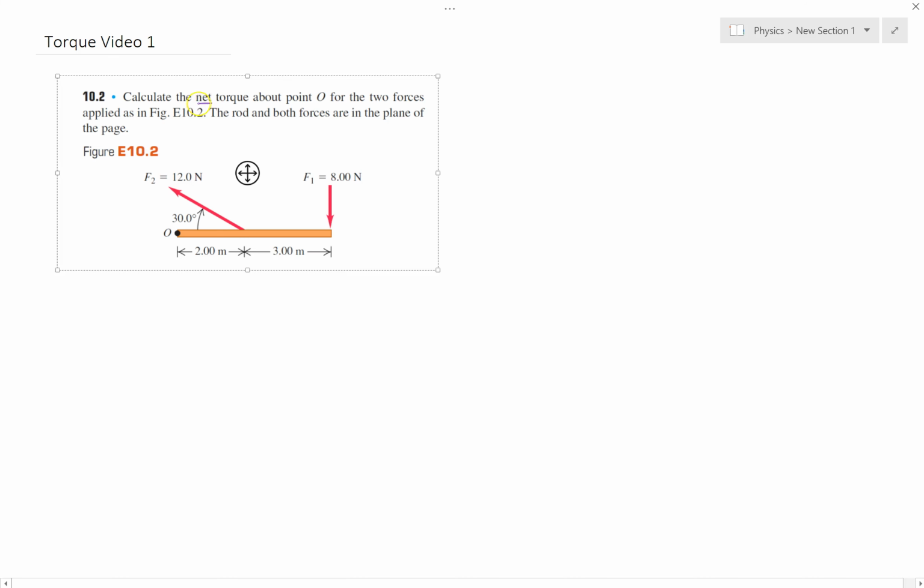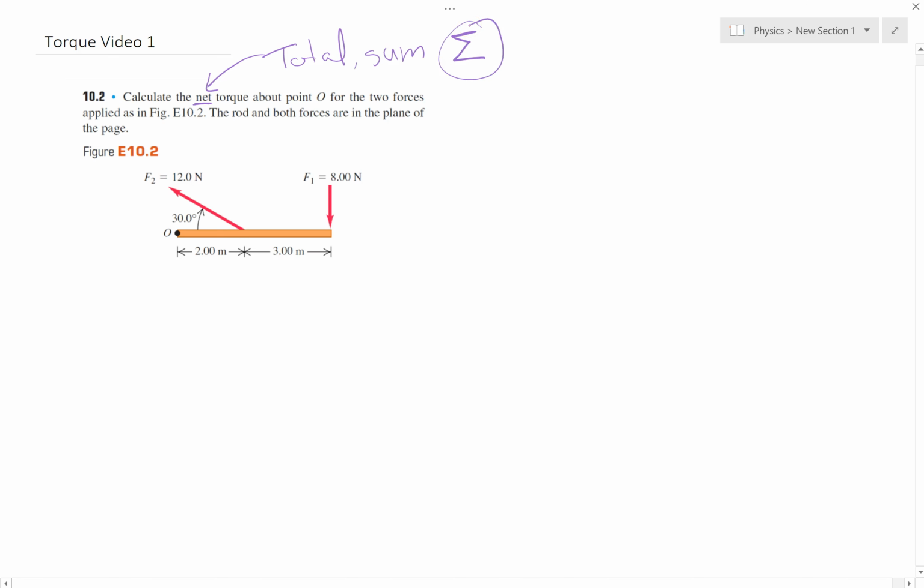Here is that really important word net. Huge word for us. The word net means total or sum, which means we're going to be doing sums. We're just going to be adding them up. Now the point O, that point right there, is our axis of rotation.